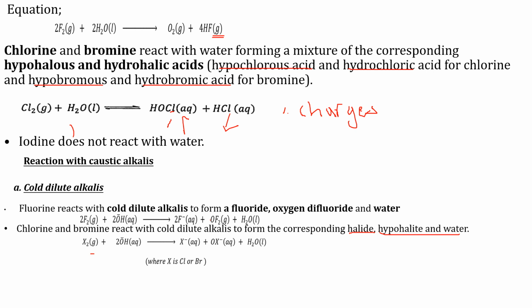So that means that here it will be chlorine. Chlorine will be reacting with 2 moles of hydroxide ions to give me the chloride ion, and this is called the hypochlorite, and water. So take note of how the equations are written, and instead of X, when you're taking your notes, make sure that you replace it with the element.